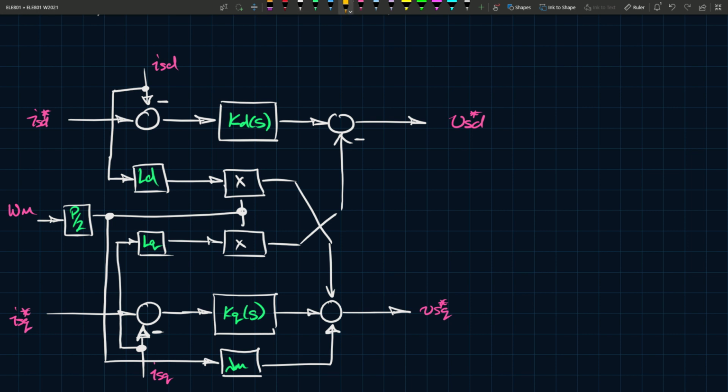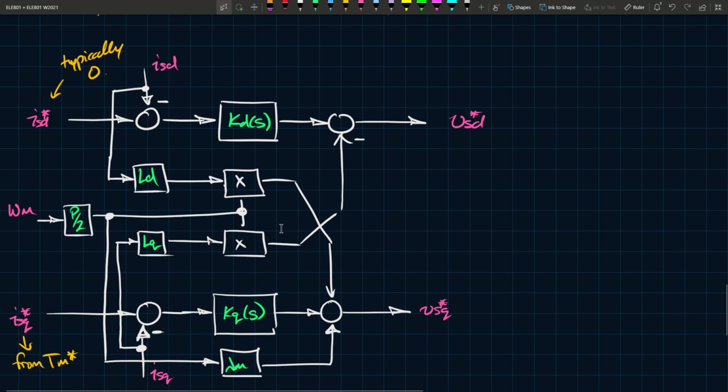Now, a few things to notice. ISD, remember we said this is typically 0, and this is from TM star. So if you imagine for a second your torque speed characteristics that we've seen in the past, the torque speed characteristic would generate some torque. That torque that you need would be converted into a signal for ISQ based on lambda m and p.